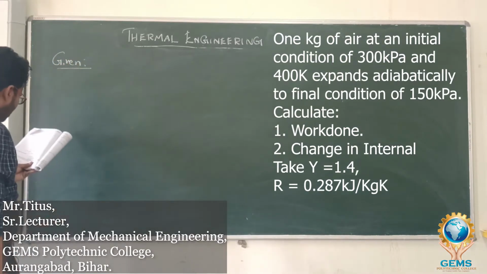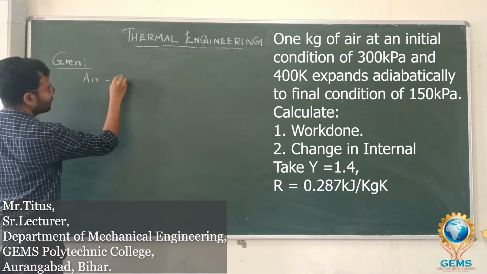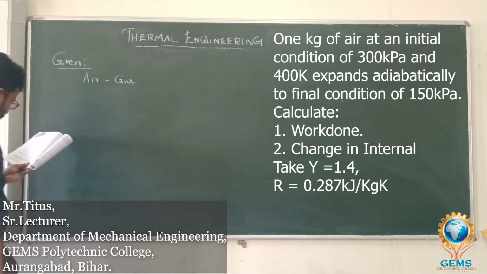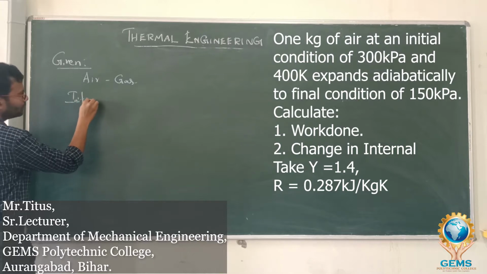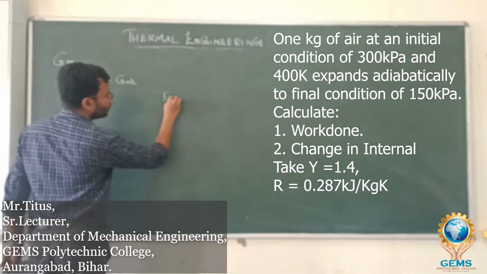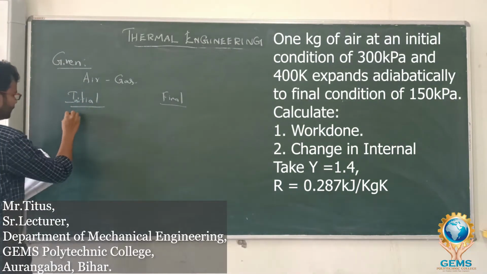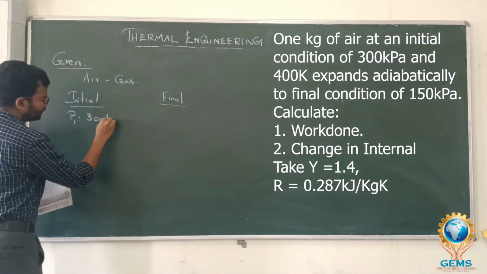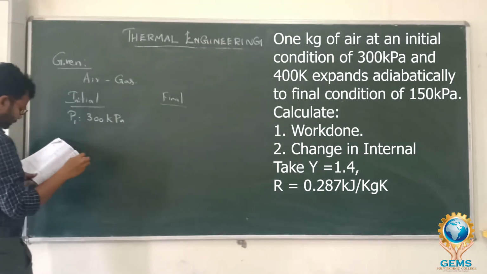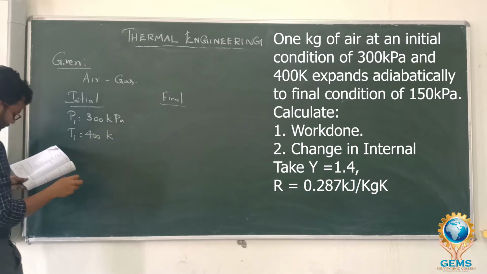The given data: here we are using air as a gas. And what is our initial condition? This is initial and this is final. The initial condition: the pressure P1 is 300 kilopascal and T1 is 400 Kelvin.